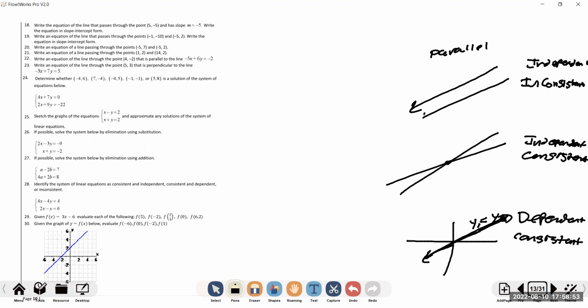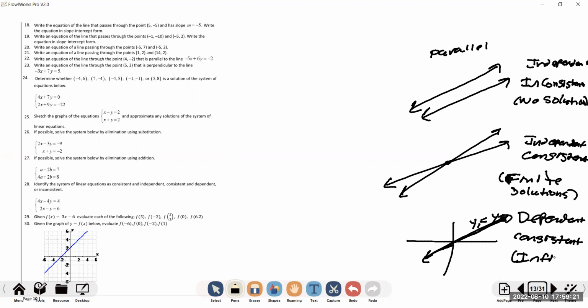So I either have no intersection, no solution. I'm going to have a finite number of solutions, in this case 1. But we'll see some other systems of equations later in Algebra 2 that have more than one answer. Finite number of solutions, or this one has infinitely many solutions.